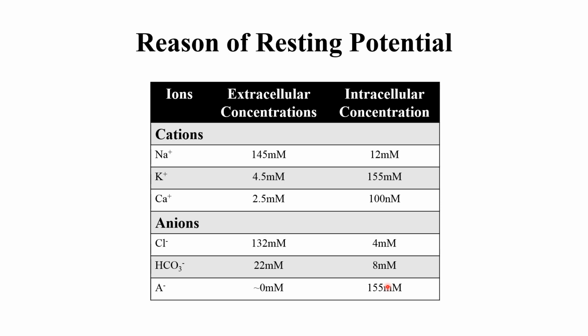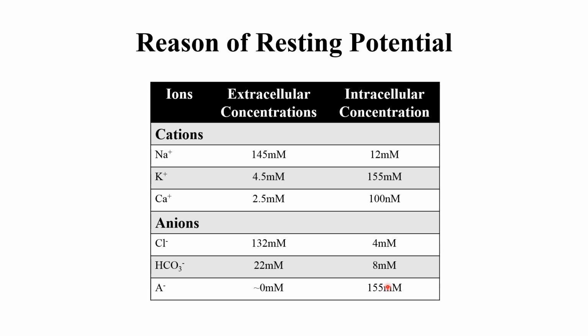And calcium, because the membrane again is semi-permeable, it will not allow passage of calcium into the cell without any requirement. So if calcium goes inside the cell, it is pushed out and not allowed to enter the cell.